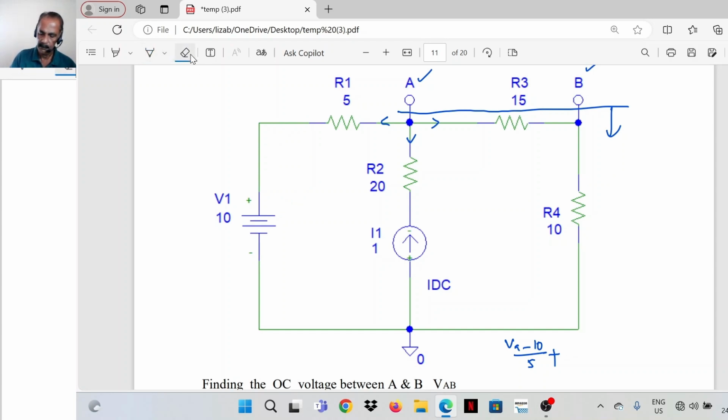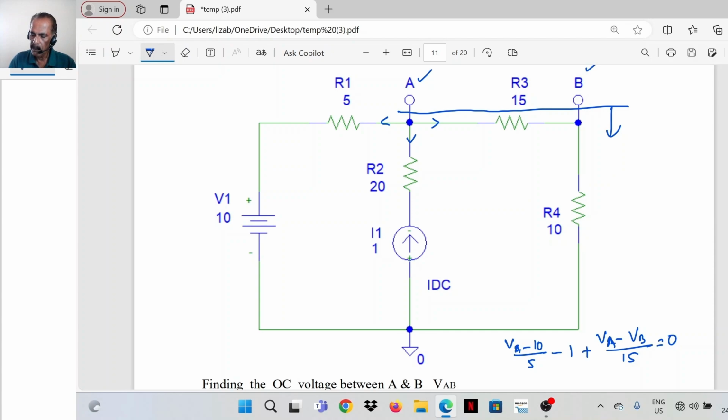The current into node A is 1 ampere, so outgoing is minus 1. Then (VA minus VB) divided by 15 is equal to 0.